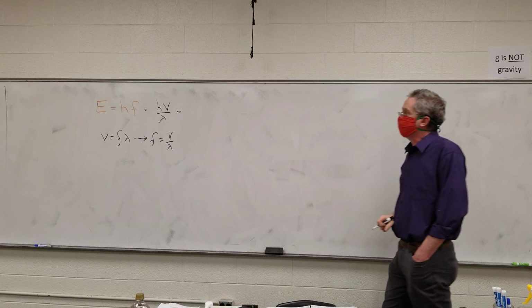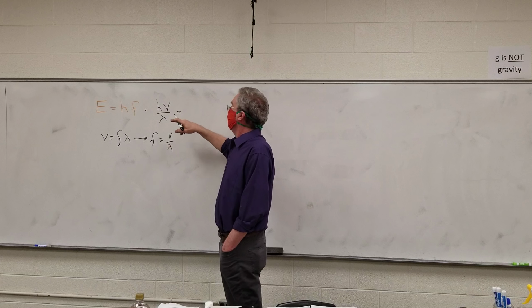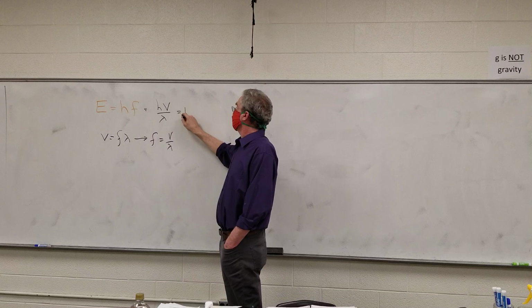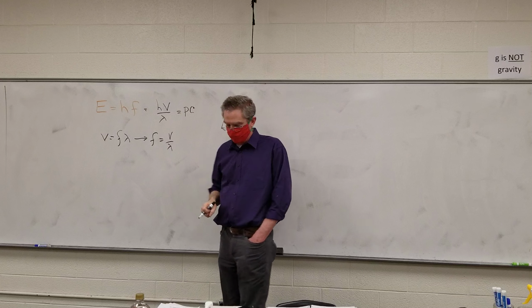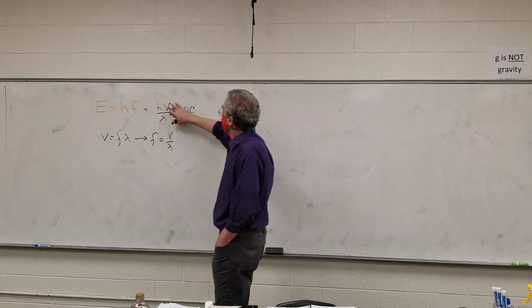And what's going to seem like it's coming out of the blue, experimentally, they have found that the energy of light also is equal to the momentum times the speed of light. I guess I could make this a C here.